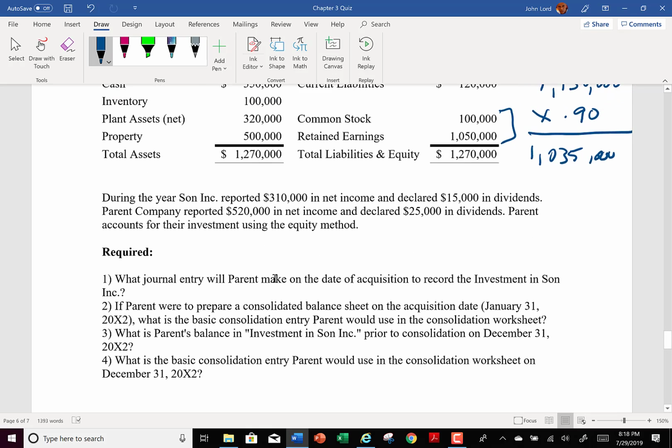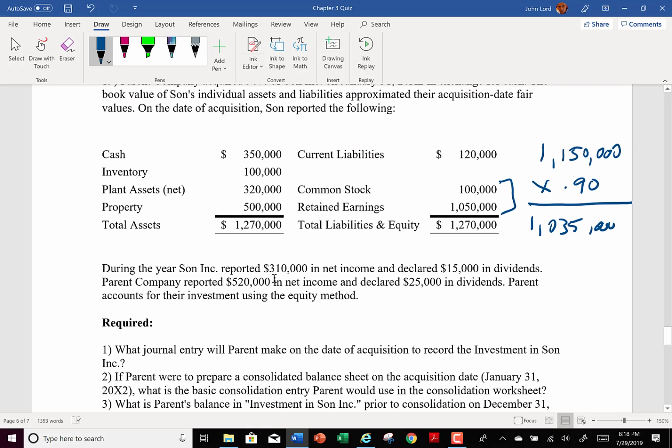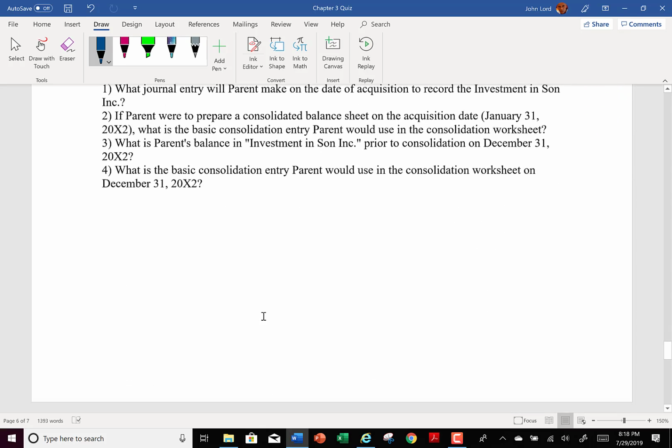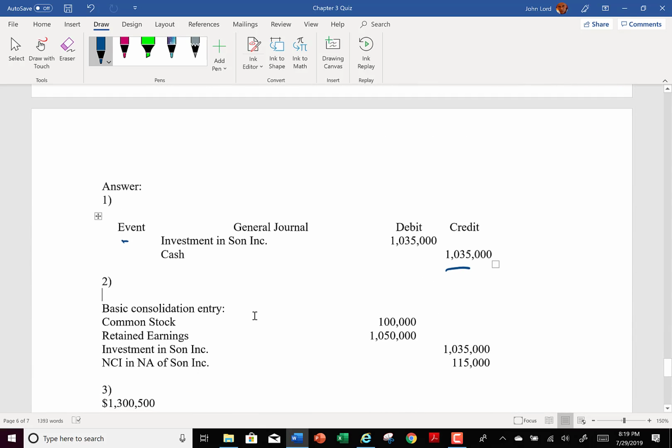I have to get rid of the common stock of Sun, so I debit common stock for 100,000. I get rid of their retained earnings too.